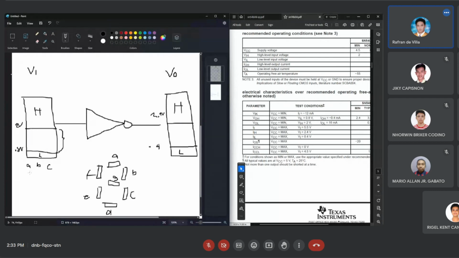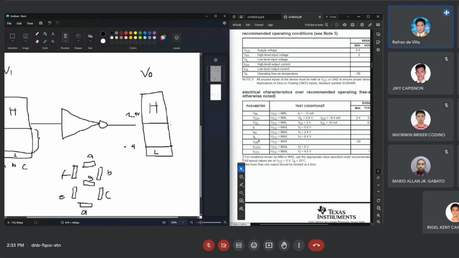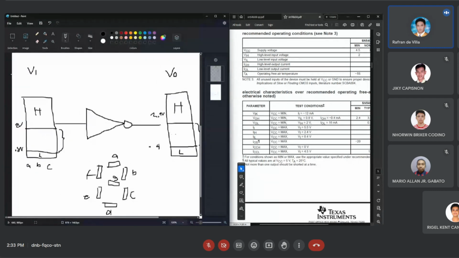Okay? So, when you troubleshoot, makabantay mo, there are certain outputs nga dili mo generate og sakto nga voltahe.